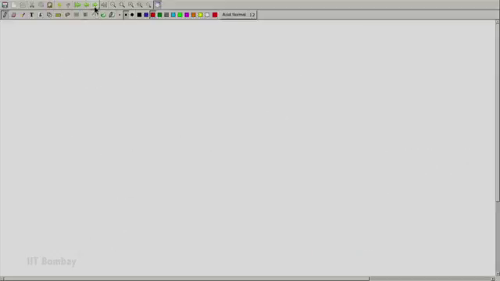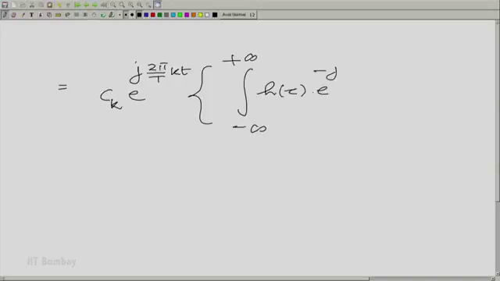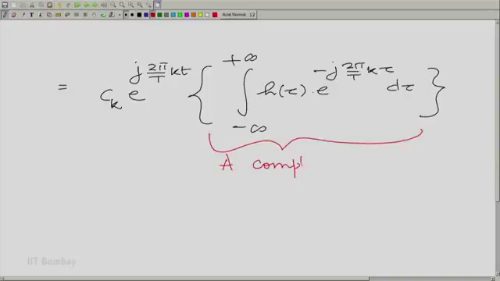Let us indeed do that. So, this would become c_k e^(j 2π/T · kt) multiplied by a quantity. Essentially, this is a complex constant depending on k.